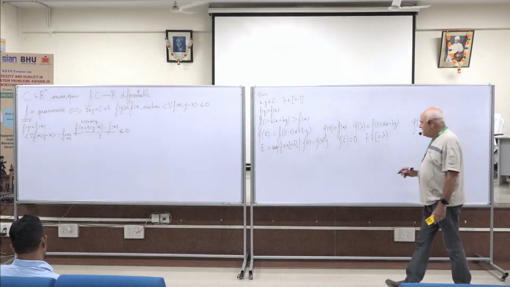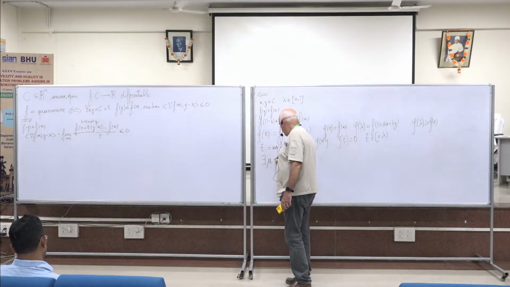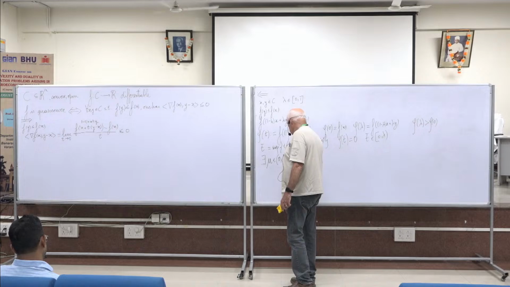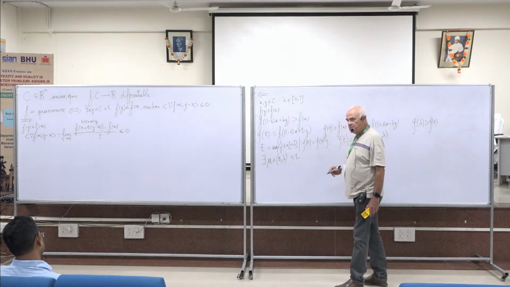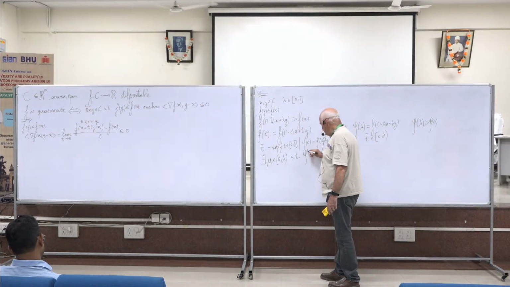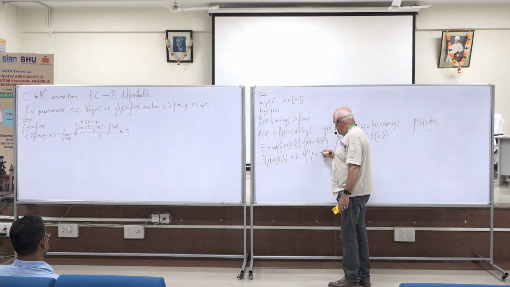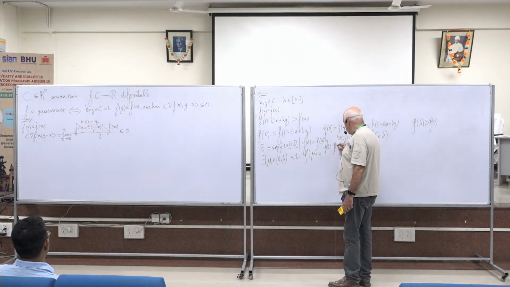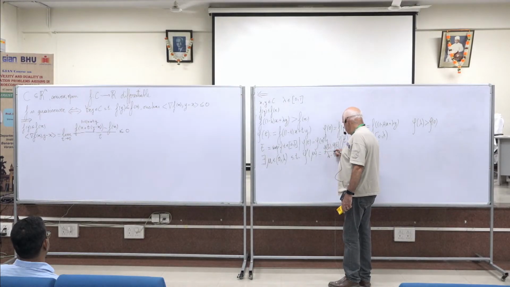Then I get the existence of mu strictly between t bar and lambda, such that phi prime of mu is equal to phi of lambda minus phi of t bar divided by lambda minus t bar.